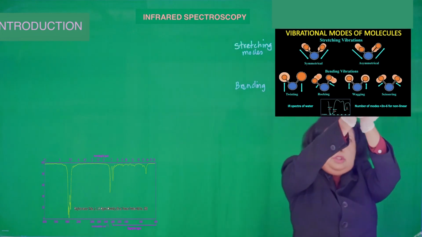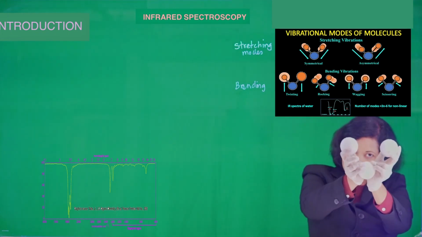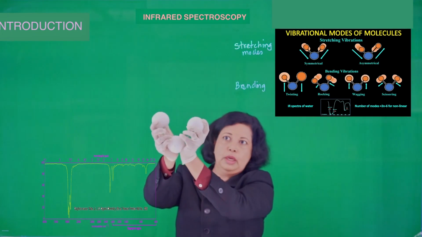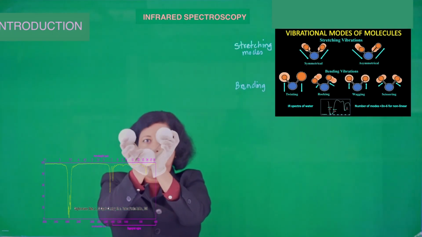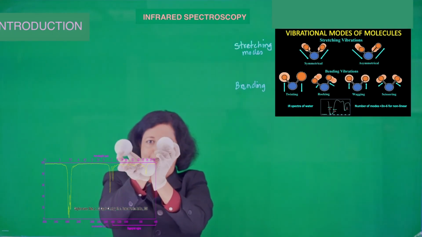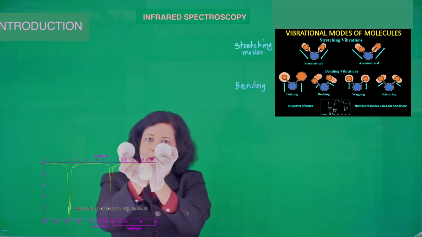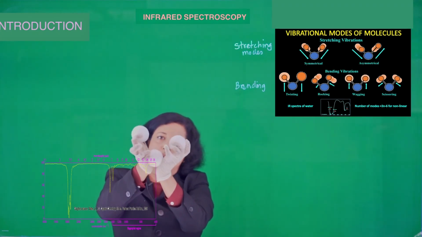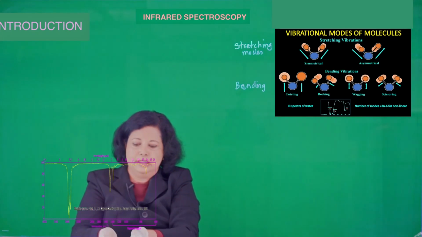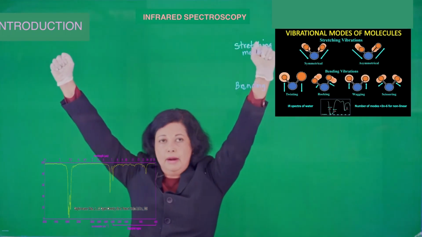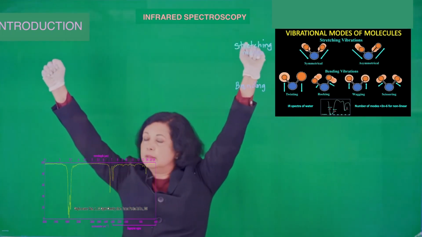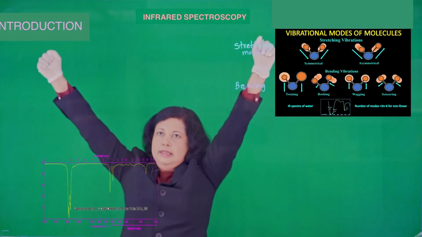So this is the symmetric mode over here. Or asymmetric, where you're going one up, one down. That's asymmetric. They don't break any bonds, but one goes up and the other goes down. So basically the bond angle doesn't change, but the bond length changes.